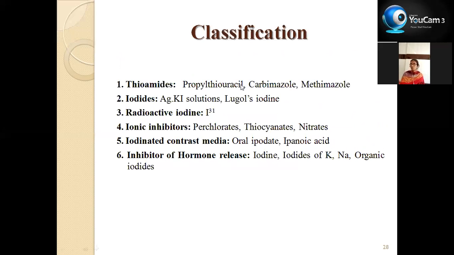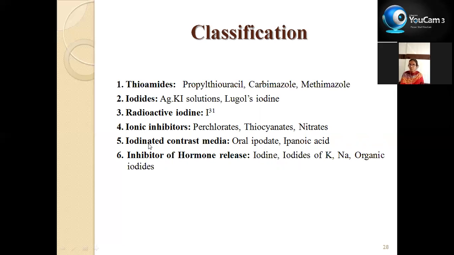Classification: thioamides, for example propylthiouracil, carbimazole and methimazole. Next, iodides, that is potassium iodide solution and Lugol's iodine. Next, radioactive iodine, I-131, and ionic inhibitors: perchlorates, thiocyanates and nitrates.